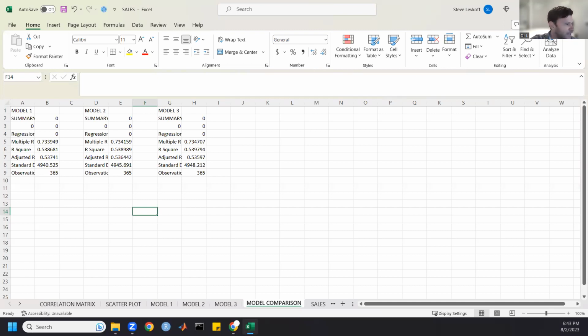So it should make sense that the model with the highest R squared is in fact model 3, 0.5397. Model 2's R squared was 0.5389, and model 1's was the lowest, 0.5386. Meaning model 3 fits the data the best.